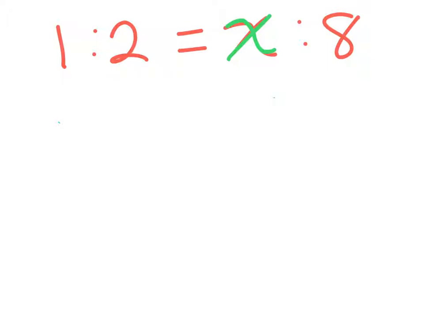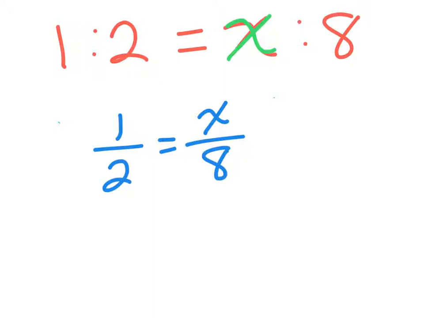But here's how we can use that cross multiplication method to show us how to solve for x. We can go ahead and rewrite our proportion here as fractions. I'm going to walk you through this really quickly, and then I'm going to show you a shortcut method, an easier method so that you don't have to do as many steps.